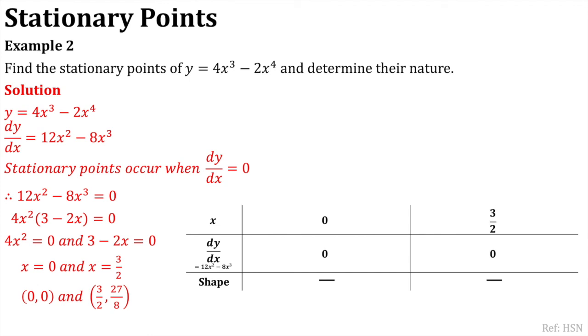So on either side of 0, I am going to look at the points -1 and 1, and on either side of 3/2, I'm going to look at 1 and 2.